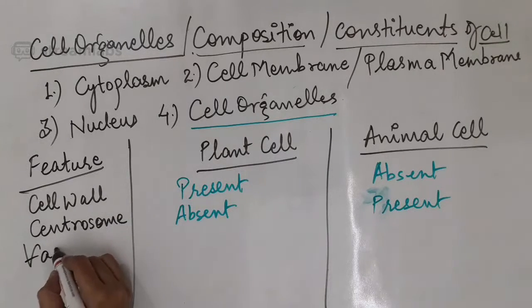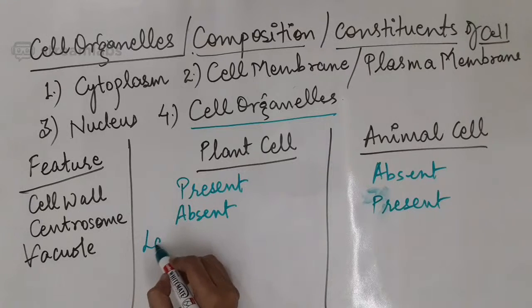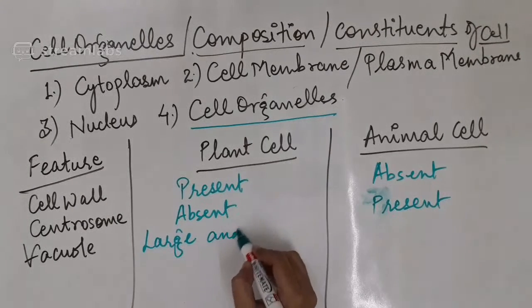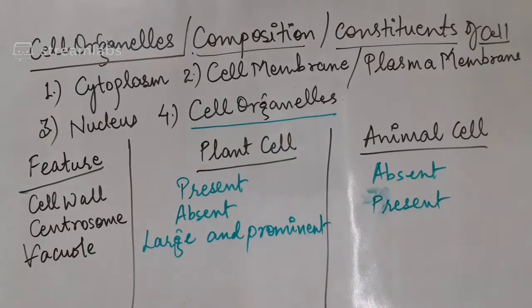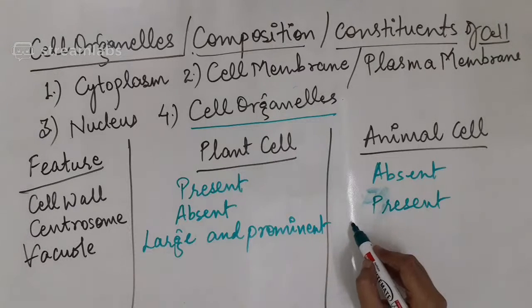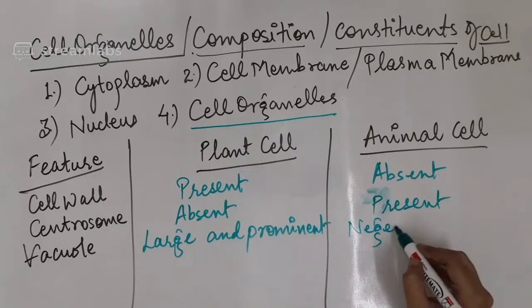Third is the vacuole. In a plant cell, vacuoles are large and prominent. The meaning of prominent is ubhra hua. Animal cell lacks vacuole or has very small or negligible size.